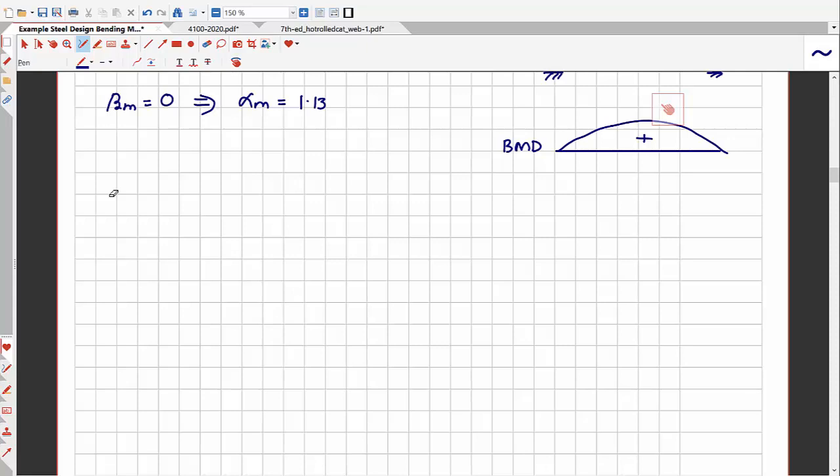Now we can find out the nominal member moment capacity. So alpha S, alpha M, and nominal section moment capacity. We have all of these parameters.